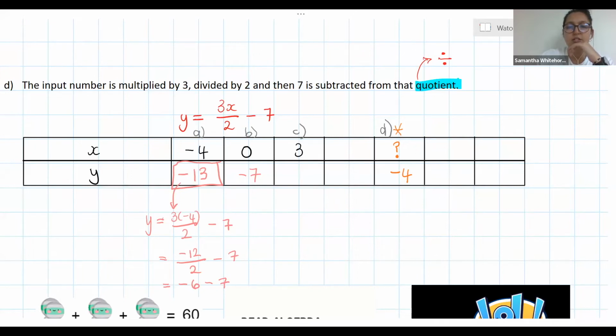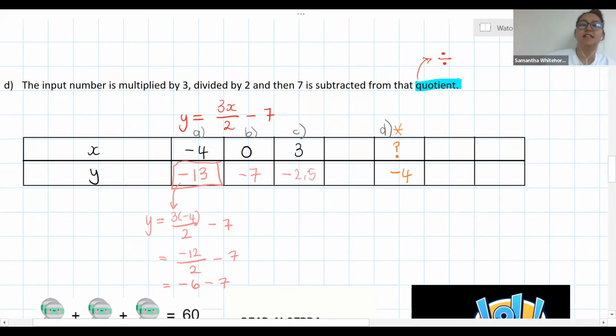Okay, good. Now, how did you get that? Can you walk us through it? Yes, ma'am. I said 3 times 3, ma'am, and I got 9 and divided it by 2, and I got 4,5, and I minus it by 7, then I got -2,5. Excellent.